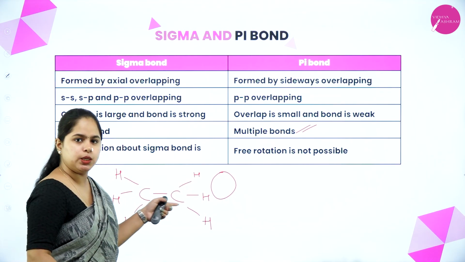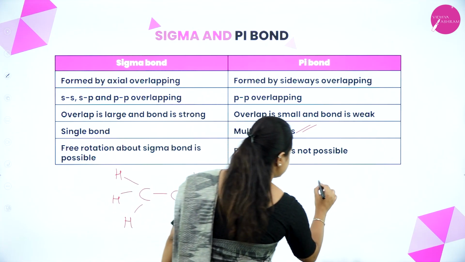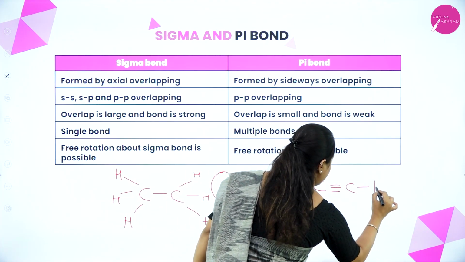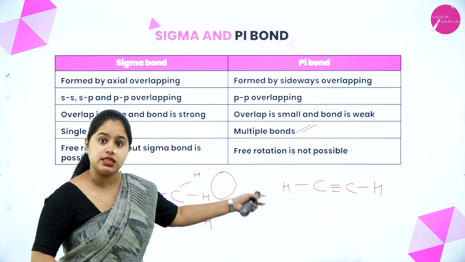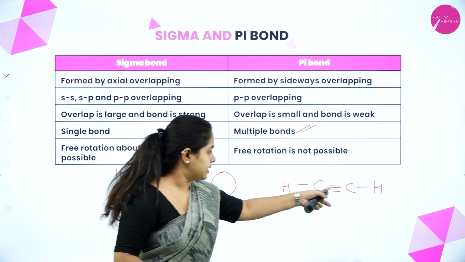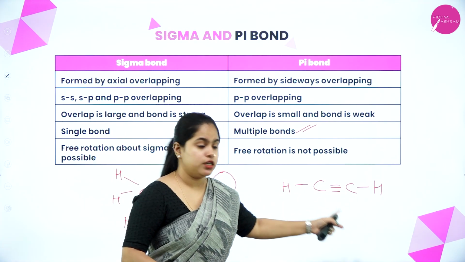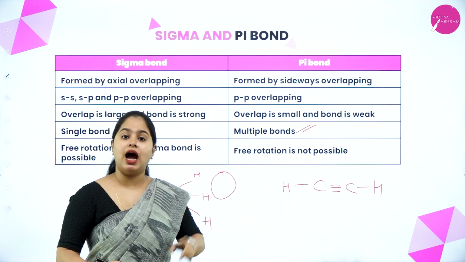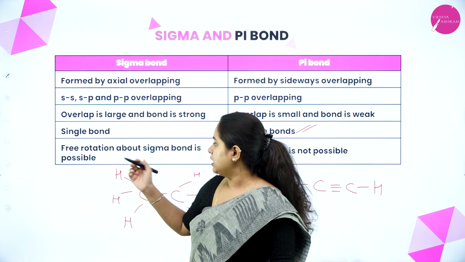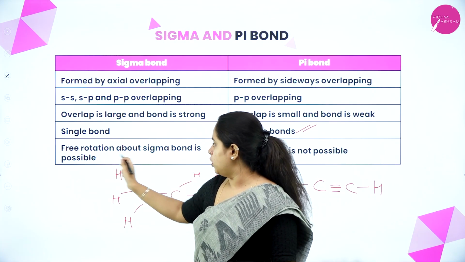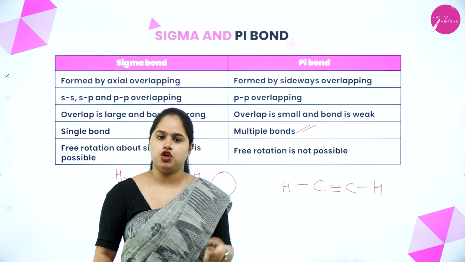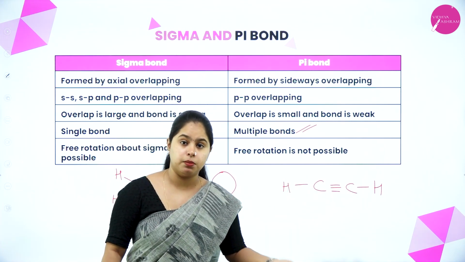Only one single bond is present here. But let's take the case when a triple bond is present here. Free rotation is a little difficult in this case. Why? Because it is triply bonded. So the rotation along the axis will be quite difficult compared to a sigma bond. That is why free rotation about the sigma bond is possible. But in the case of pi bond, it is not possible because it is triply or doubly bonded.